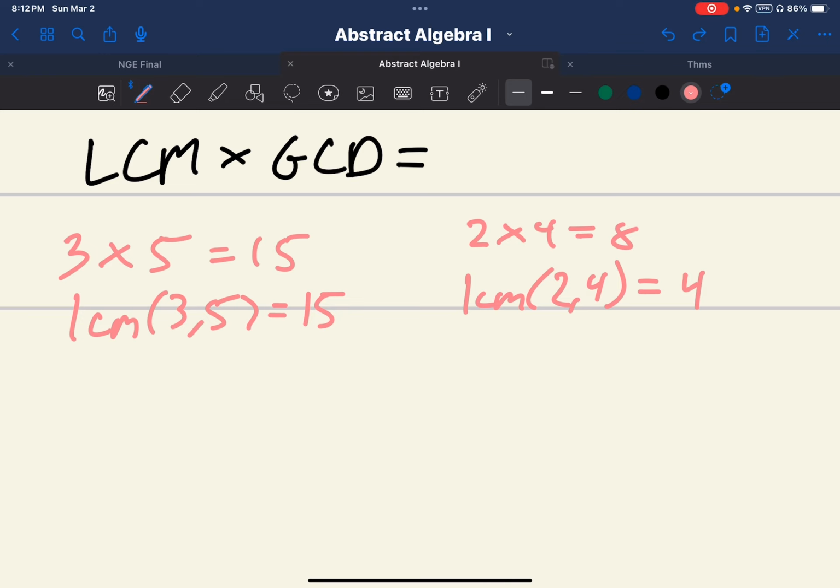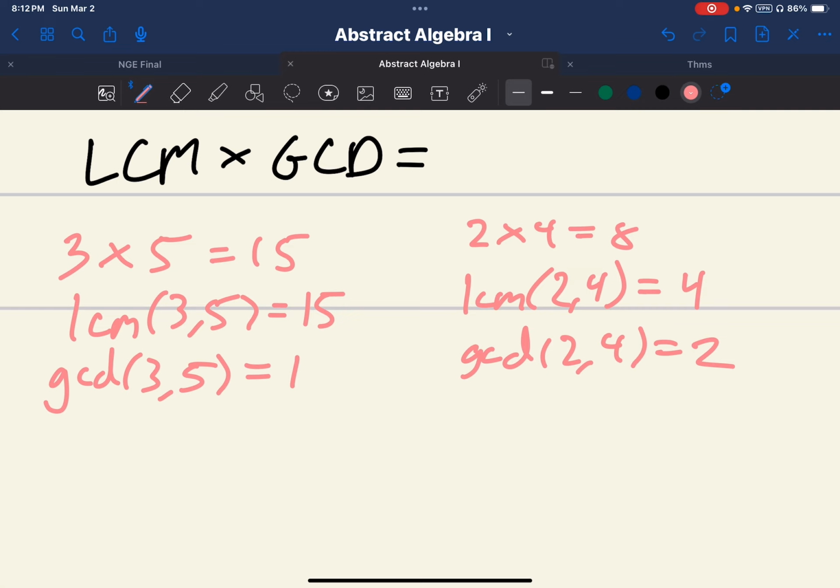And as math majors, we can see why this is. And he teased at this a little bit in the most confusing way possible. Notice here what the GCD of 3 and 5 is. It's 1. They're relatively prime. But over here, the GCD of 2 and 4 is 2. They are not relatively prime.